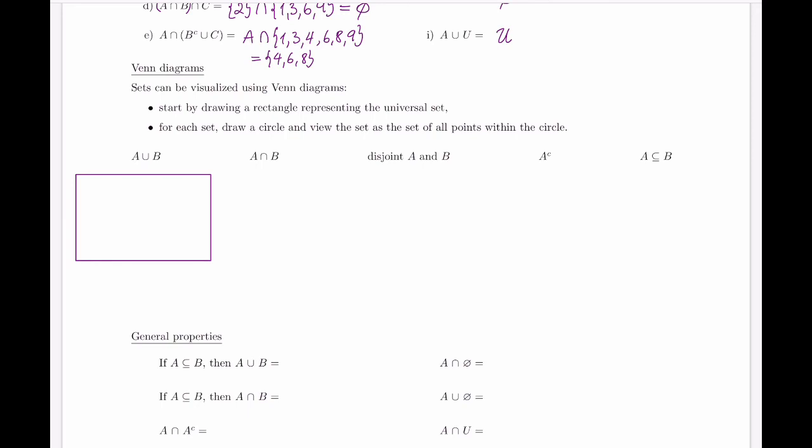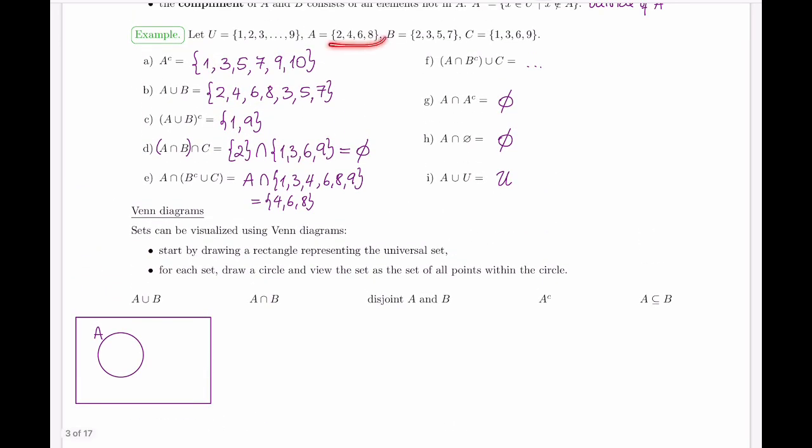So now I'm going to draw myself a circle representing elements of a set A. So what I'm going to think about is that the inside of this has a bunch of points on the plane, or more abstractly, everything that is contained within this circle is actually the elements of A. If you're given a very particular set A, you can think of those elements living inside of it and only those. So in this case, it's going to be 2, 4, 6, 8. That is everything that lives inside of A.